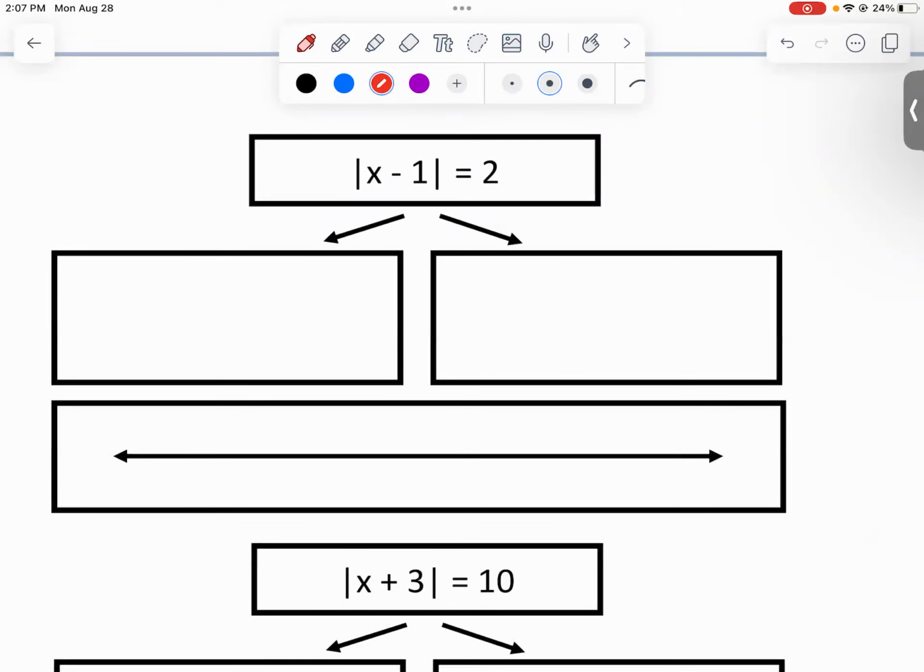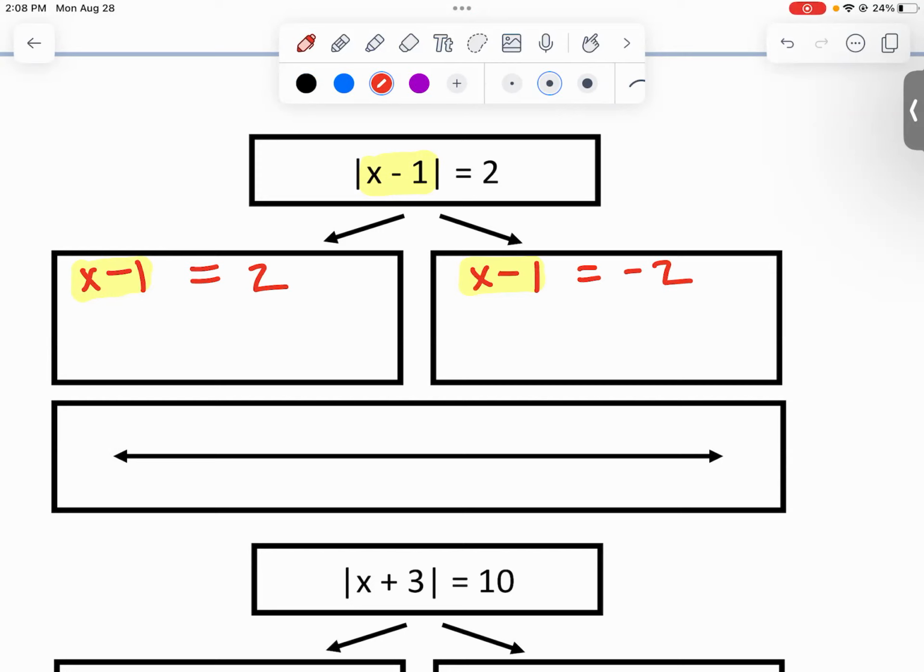All right, now we have a little bit more we need to do. What we're going to do is take whatever is inside the absolute value and set it equal to a +2 and a -2. Inside the absolute value, we have X minus 1.